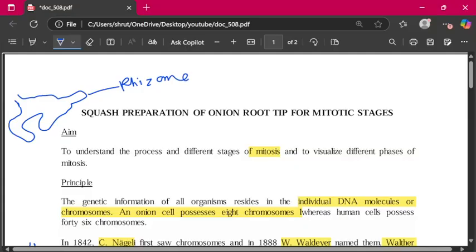When we place it in water, why are we placing it in water? Because it will not germinate if we place it in sand or, let's say, clay, etc. It will not germinate easily.